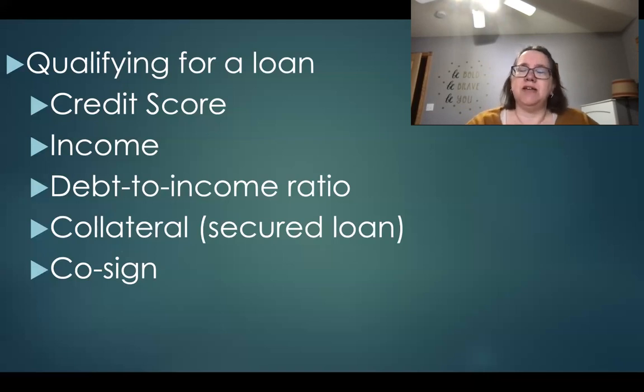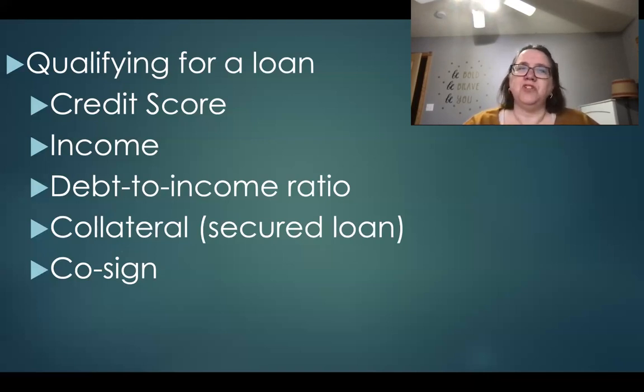Okay. Then the last thing on my list is co-signing. They might look at all of these things and say, you know, you're kind of on the line. You might qualify for a loan and you might not. But if you could get someone to co-sign for you, we'll give you the loan. Now, what that means is they want somebody else to come and say, you know what? I think this person is going to pay this loan back, but if they don't, then I will pay for the loan.